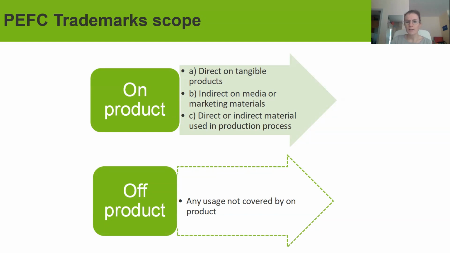There is the direct usage on tangible product, the indirect usage on media and marketing materials referring to a tangible product, and the direct or indirect usage referring to material used during the production process. For off-product usage, we talk about promotional usage, and it covers everything that is not on-product usage.